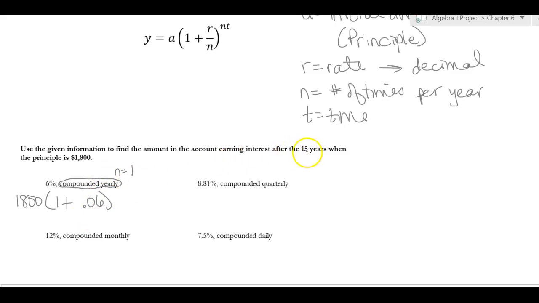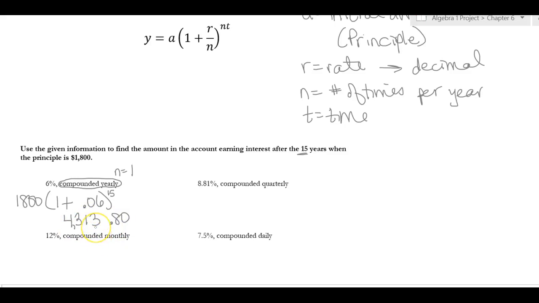But I do have to raise it to the 15th power. And so now you just take your calculator, and you do this. Plug it in. And so after 15 years, you will have $4,313.80.